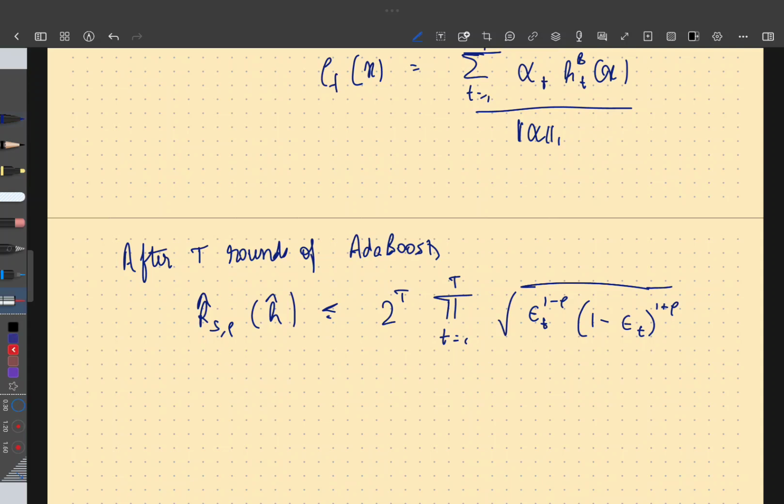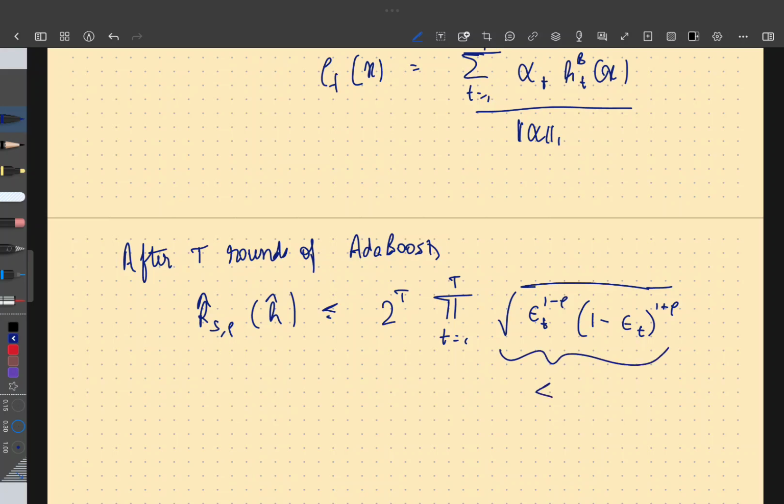But if epsilon t is sufficiently far away from half, so that for each t this particular quantity is less than 1, or strictly less than 2, which is not too much to expect, because let's say epsilon t is 0.1 for some particular rho, then this would be 0.1 raised to 1 minus rho times 0.9 raised to 1 plus rho, whole to the power half, which could be less than half for every t.